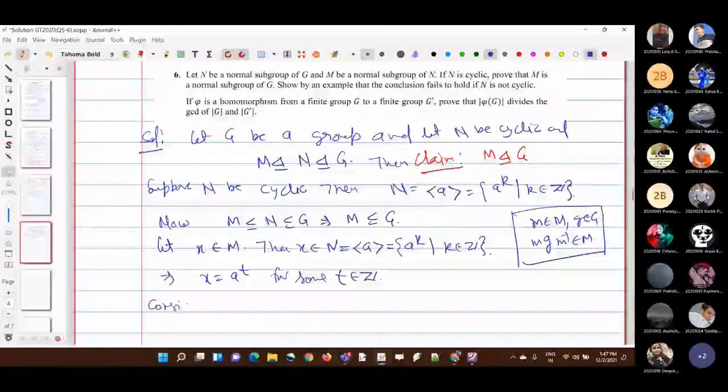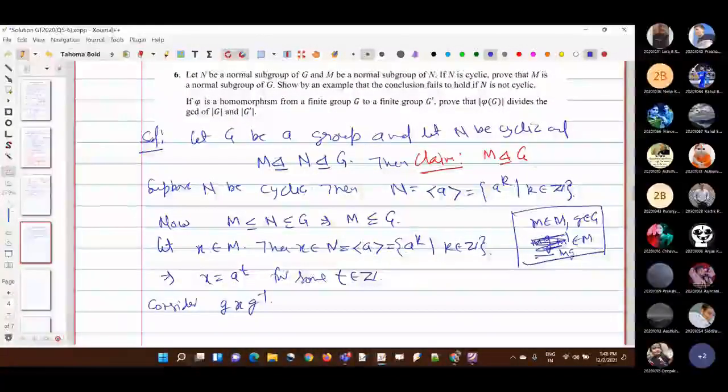Now consider g x g inverse. Sorry, I think I made some mistake.